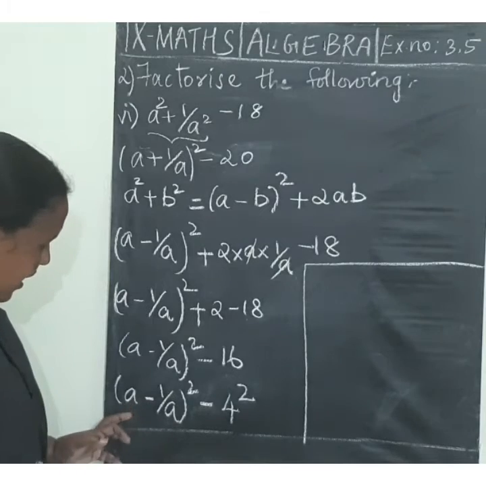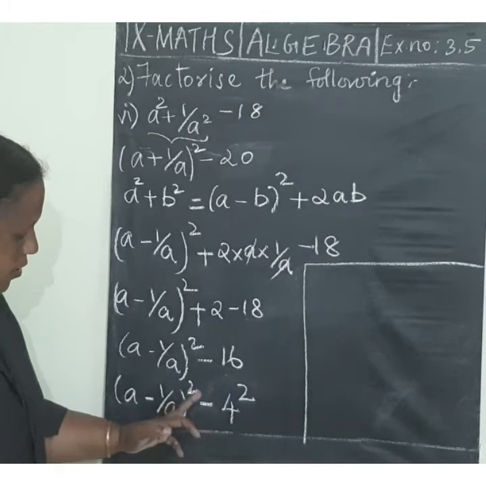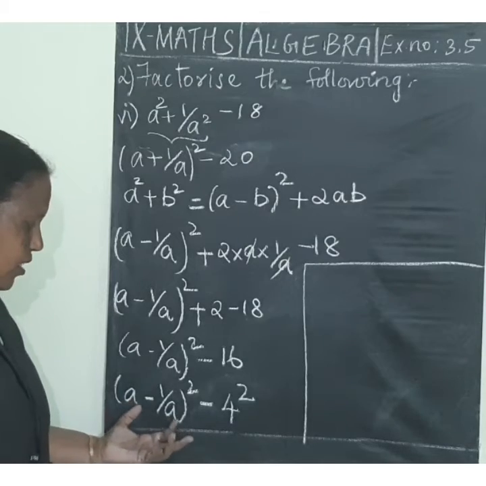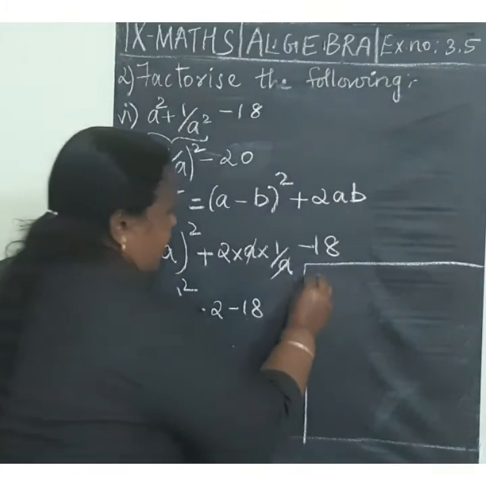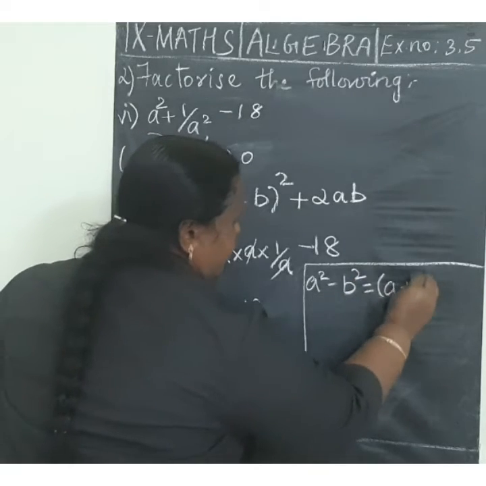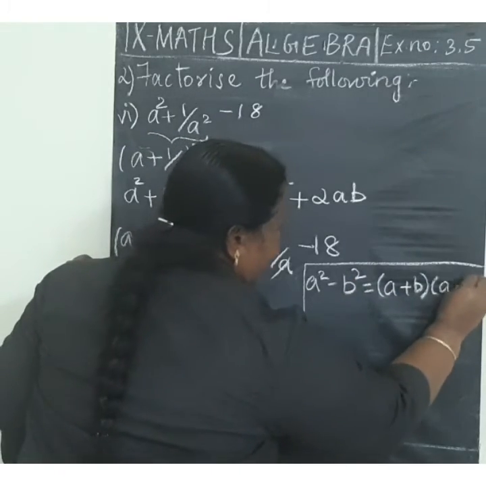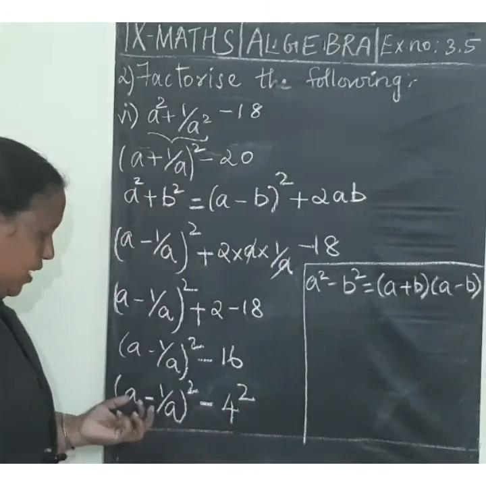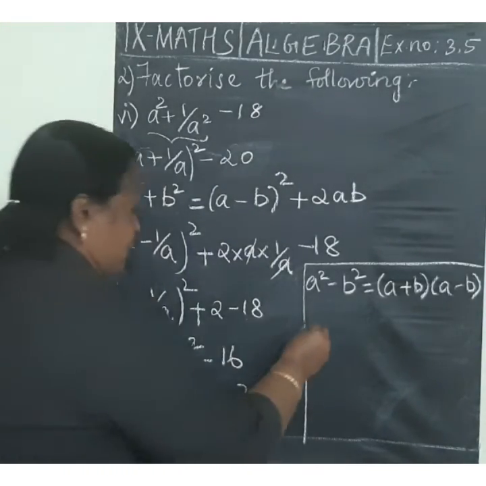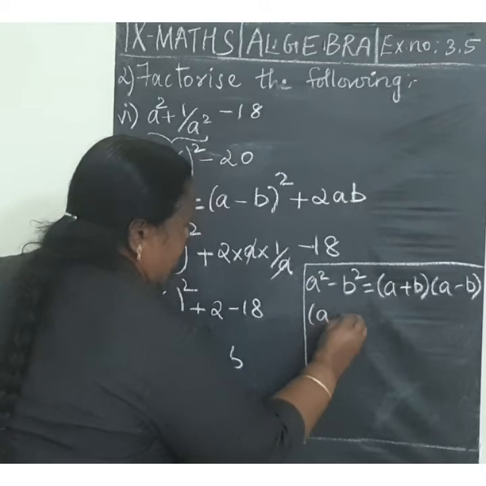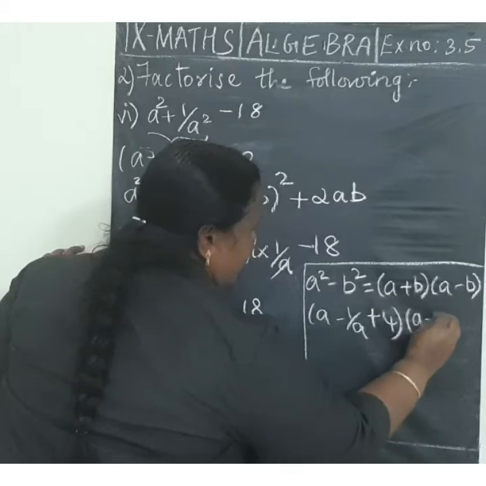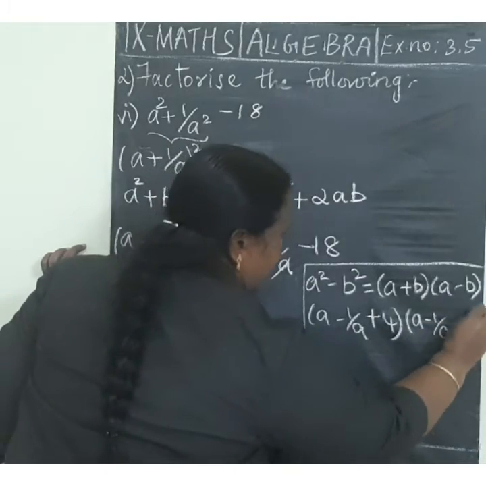Now we got a minus 1 by a the whole square minus 4 square. Now it is in the identity a squared minus b squared. So a squared minus b squared is equal to a plus b into a minus b. Our a is a minus 1 by a, our b is 4. So we can write here a minus 1 by a plus 4 into a minus 1 by a minus 4.